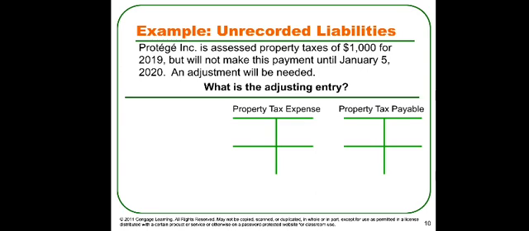You close account at 31st of December 2019. What should you do? Okay, you remember, like revenue, an expense also has to be recorded when it happened, not when you pay the amount. So this tax, property taxes, is for year 2019. So you have to record it in year 2019.